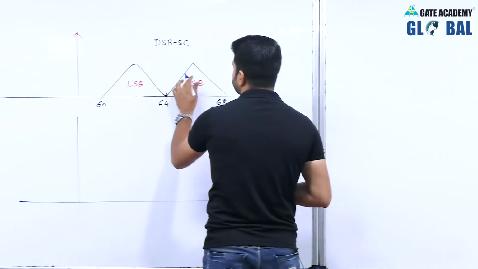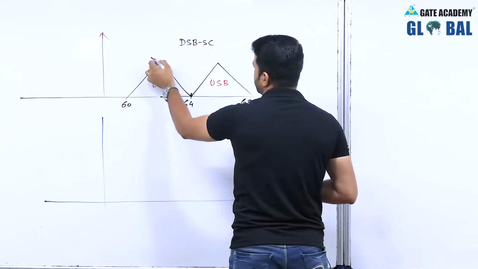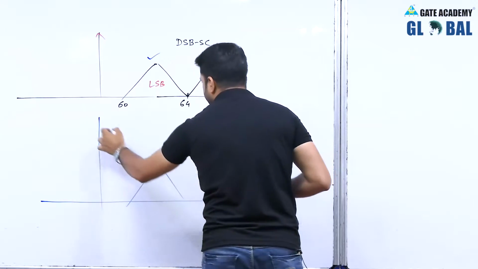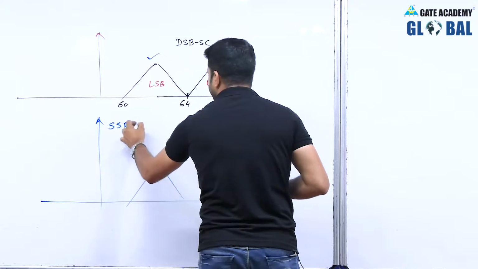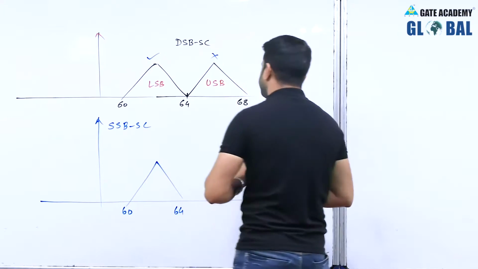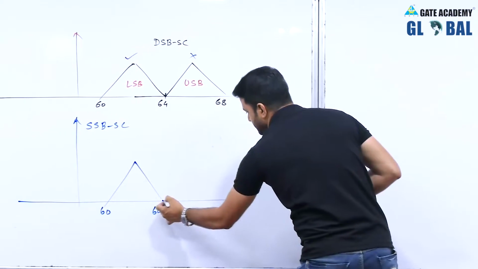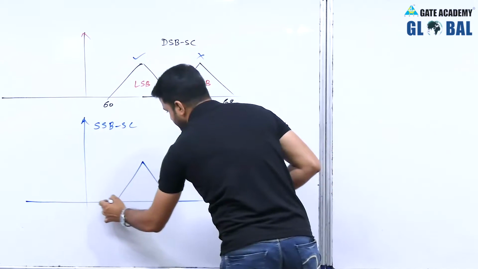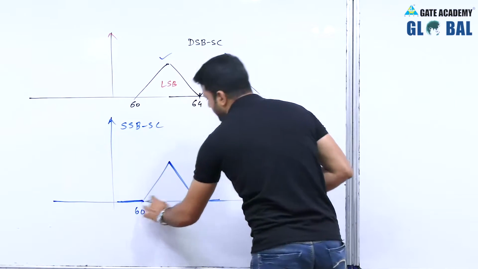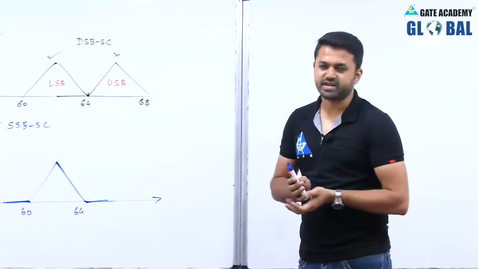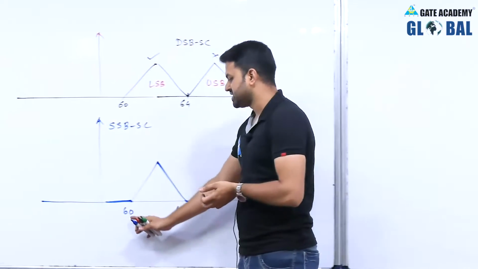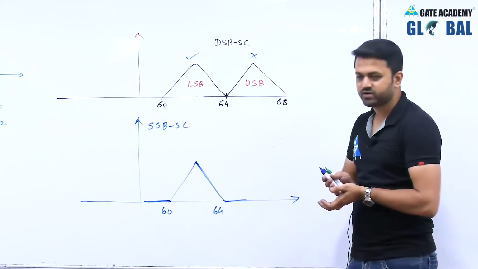Let us say we suppress this upper sideband and transmit the lower sideband. So for SSB-SC modulation using the filter method, we generate the signal ranging from 60 to 64, because we are considering the lower sideband. Lower SSB modulation happens in the filter method of FDM. So now the first user has the range 60 to 64.